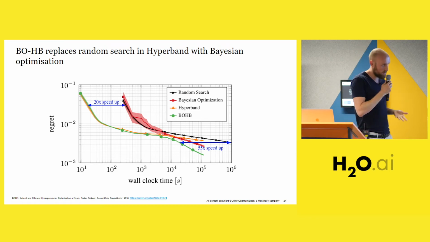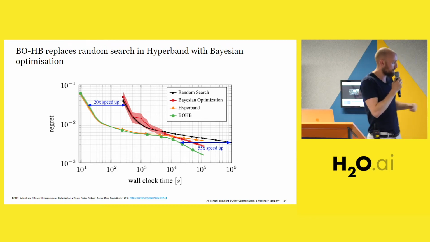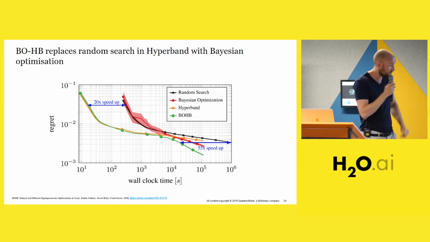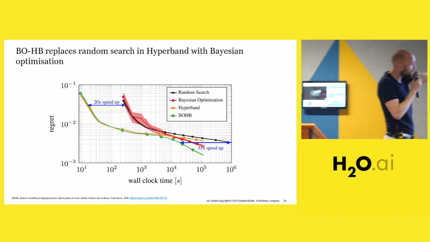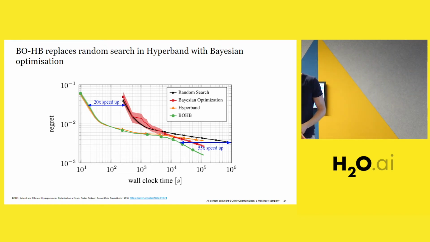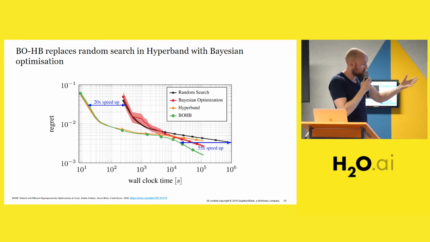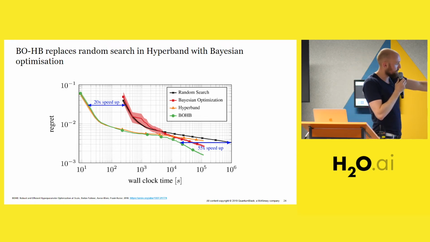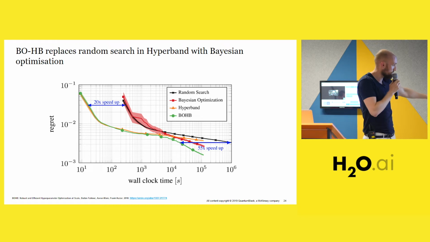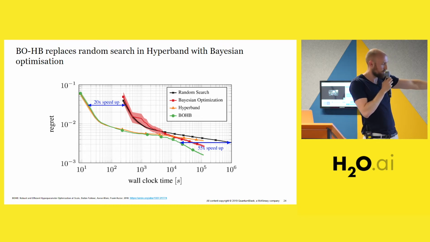So I would recommend reading the paper. I've linked it at the bottom. But the rough idea is basically to combine these two methods, and then you see that you get very consistent outperformance against random search, which is quite nice. And the nice thing about this is these authors are very well-known in the automated machine learning field. They're part of Freiburg University.